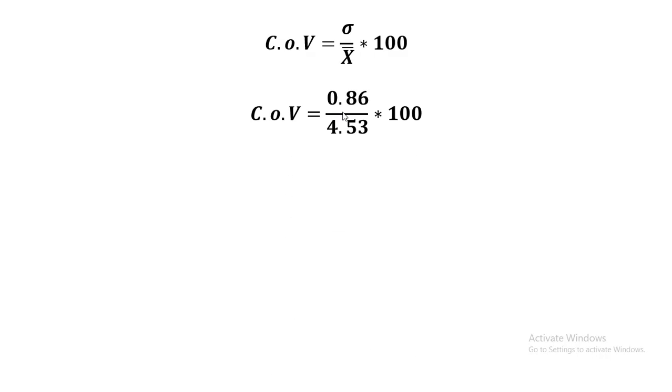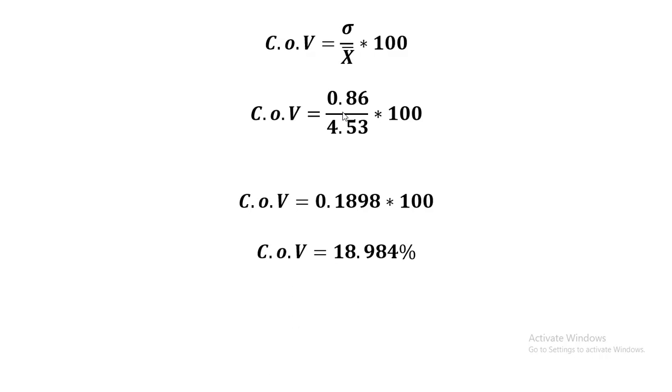This gives us 0.86 divided by 4.53 multiplied by 100. So coefficient of variation is equal to 0.1898 multiplied by 100, and it gives me an answer of 18.984.